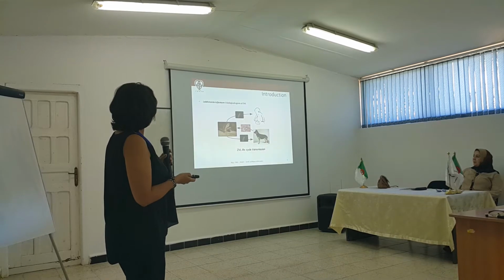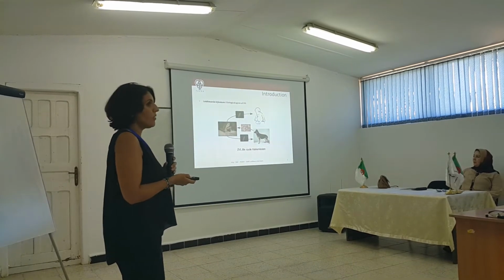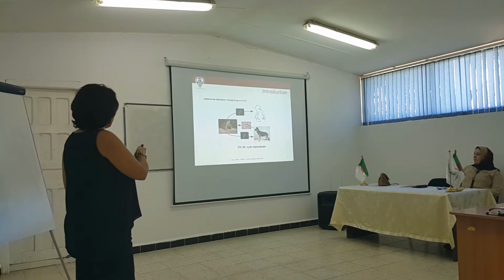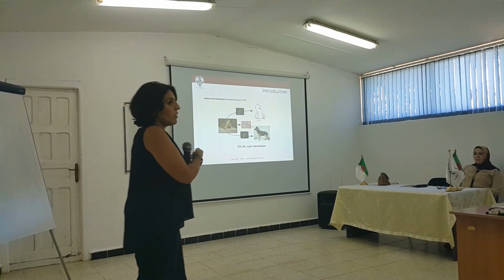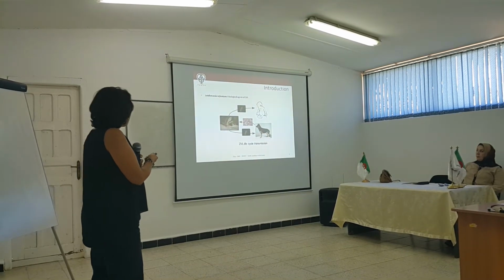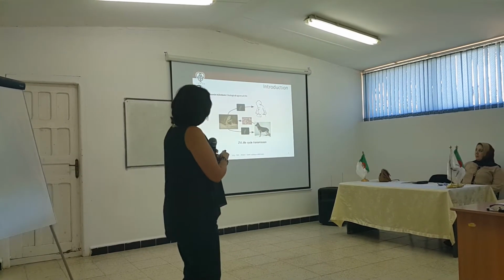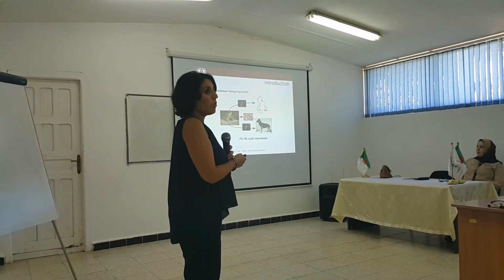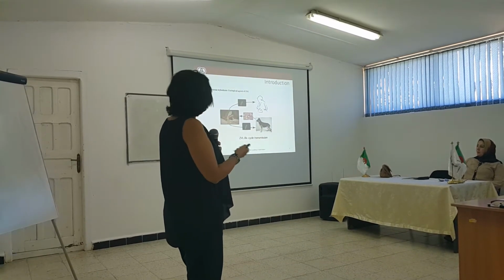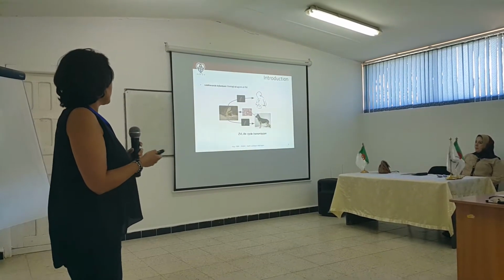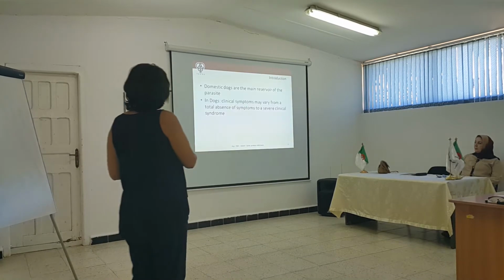The phlebotomine sand fly vector transmits the flagellated promastigote form, and the mammals contain the amastigote form, where the amastigote form develops and replicates.